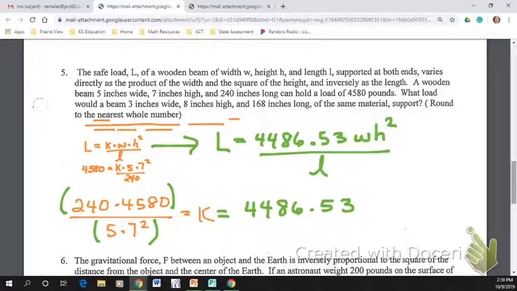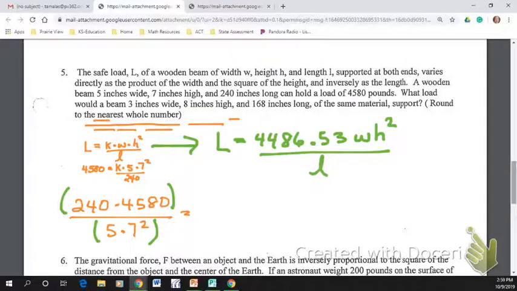All right. So, at this point, now I'm ready to plug in and figure out whatever it is I need to figure out. It says, what would a 3-inch wide, 8-inch high, and 168-inch long beam of the same material support? So they're asking me to find the load if I know the width, 3, the height, 8, and the length.